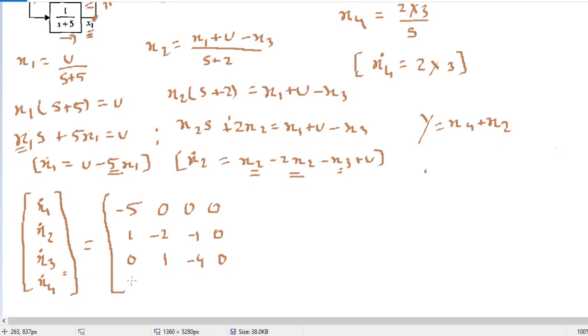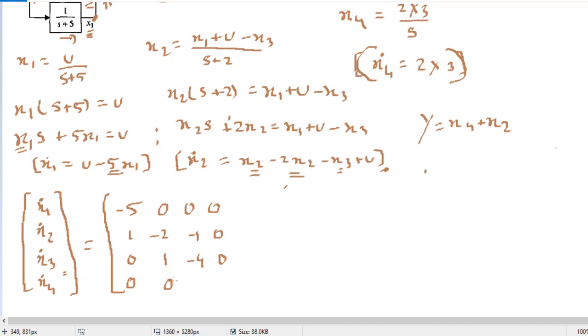And in the case of x4, we have only x3, the rest all are zeros.